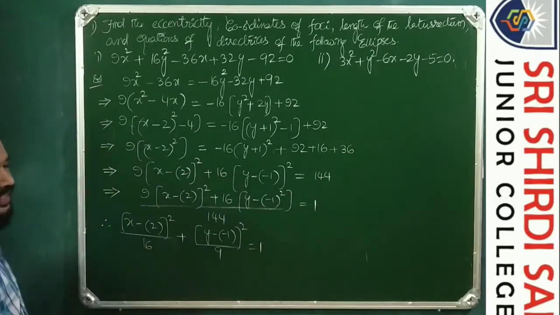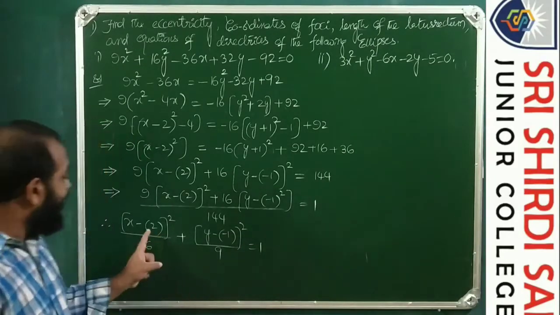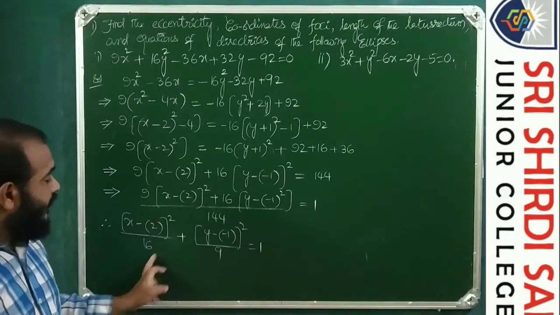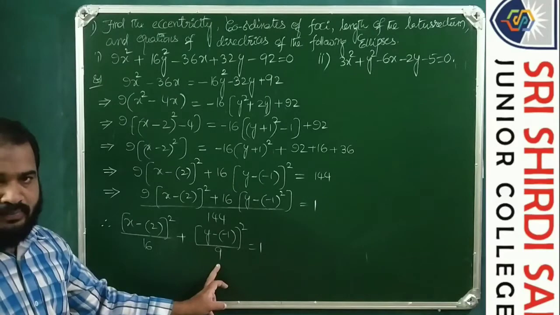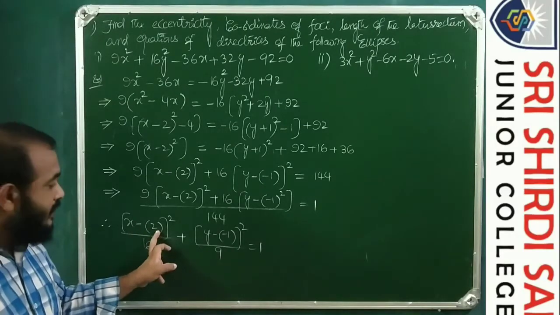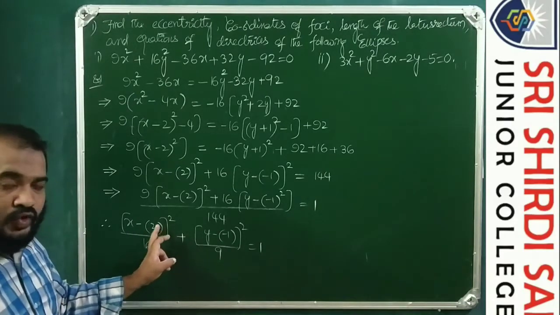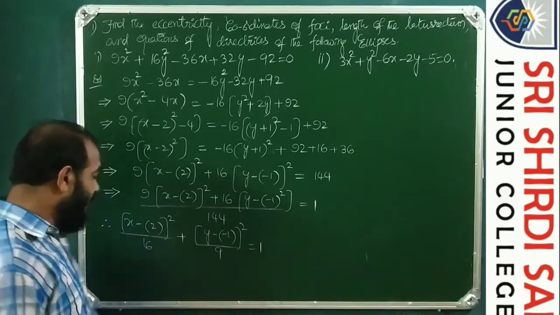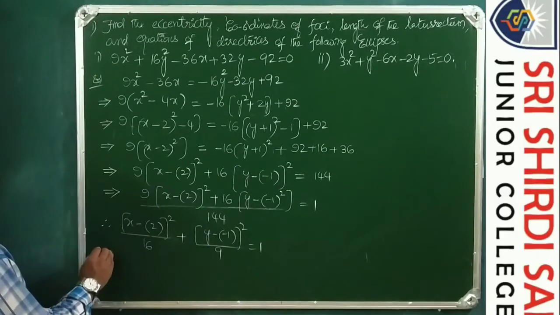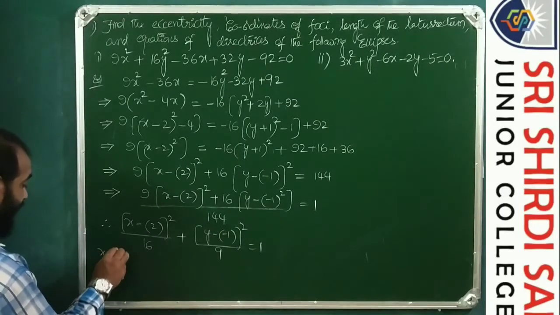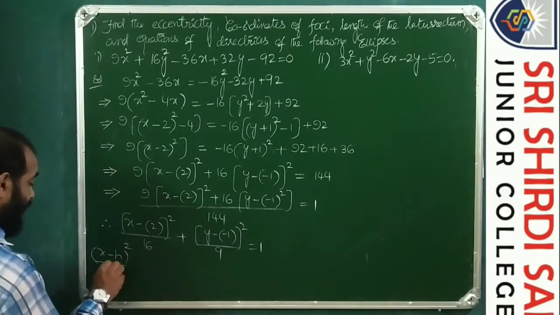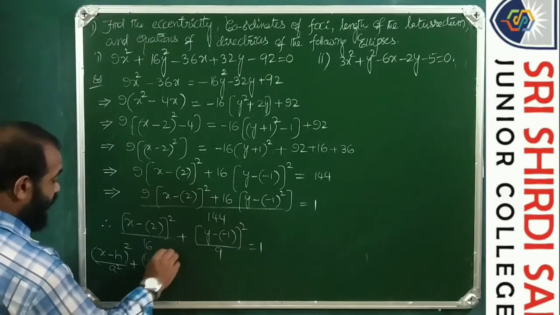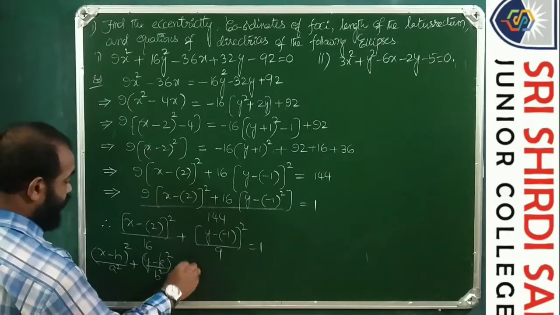This is clearly an ellipse whose center is not at the origin. It is not of the type x²/a² + y²/b² = 1. It is of the form (x − h)²/a² + (y − k)²/b² = 1.